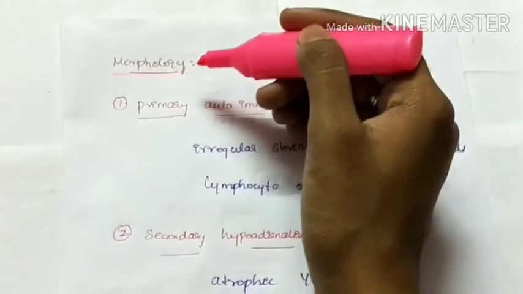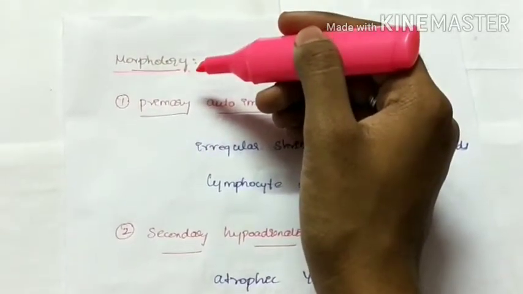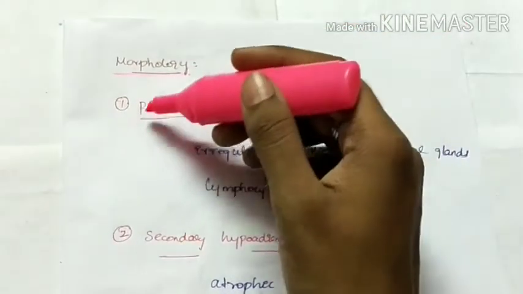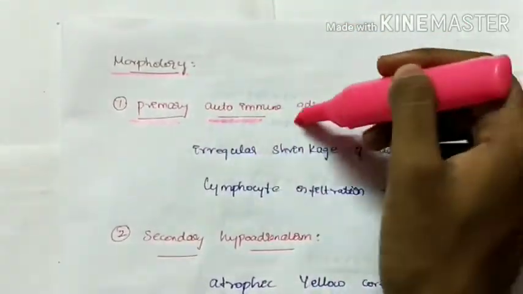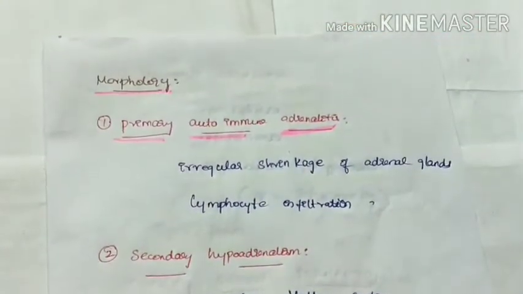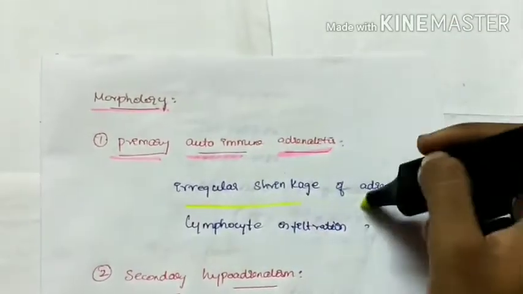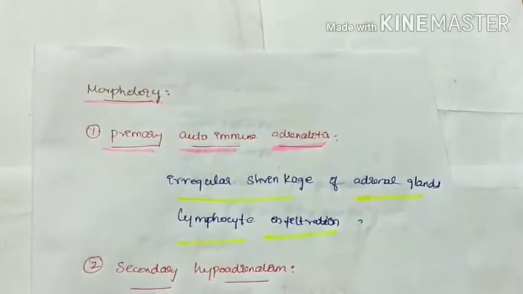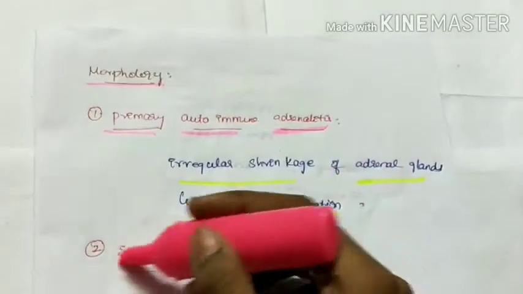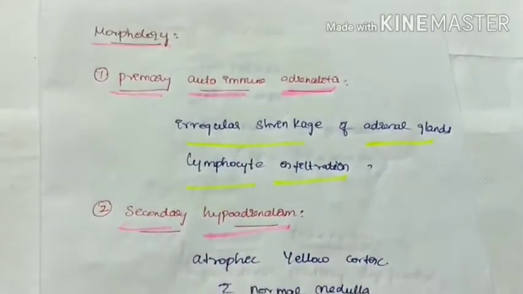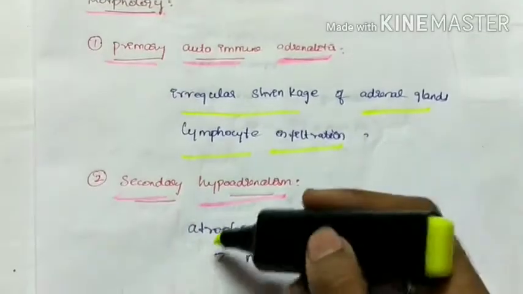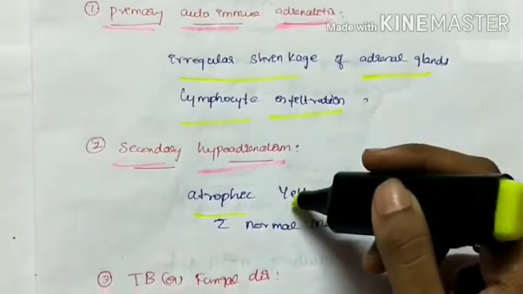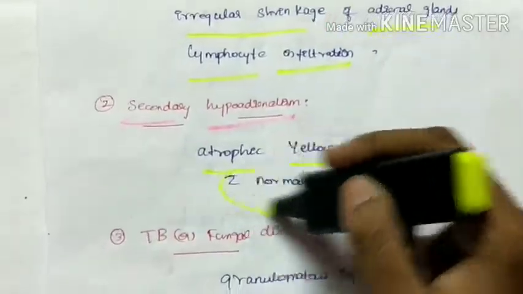Morphology of adrenal cortex in case of adrenal insufficiency. First, in primary autoimmune adrenalitis, there is irregular shrinkage of the adrenal glands with lymphocytic infiltration. Next, in secondary hypoadrenalism, the adrenal cortex is atrophic and it is yellow in color with normal medulla.